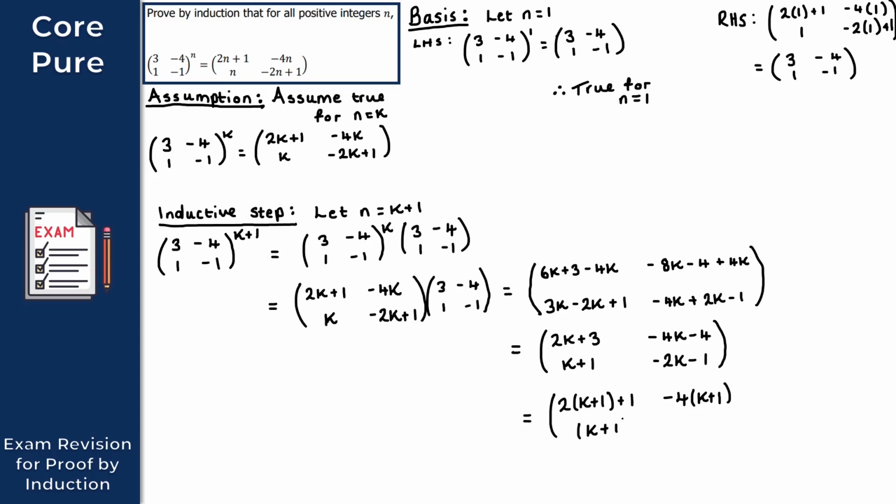And then finally in the bottom right corner, we get minus 2 lots of k plus 1, and then don't forget the plus 1. Okay. And there we have it. So in that case, this is true. So therefore true when n equals k plus 1. Okay. And there we have it.